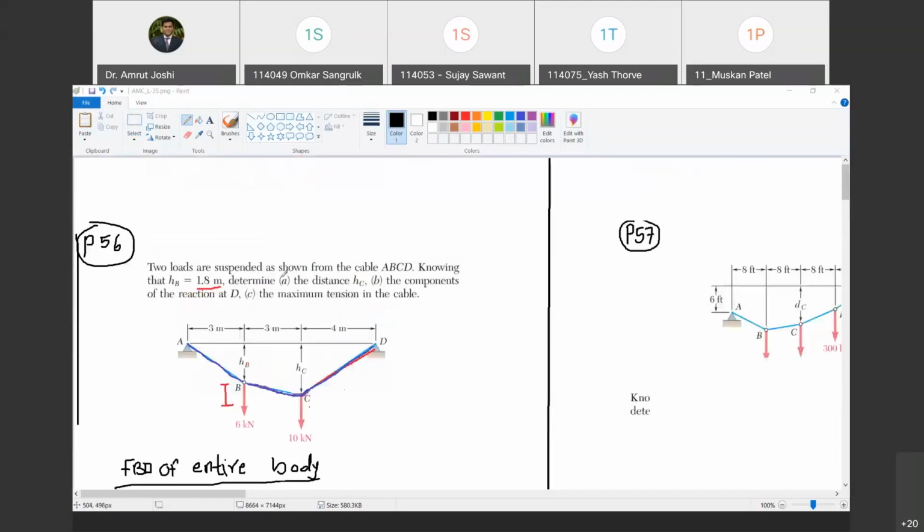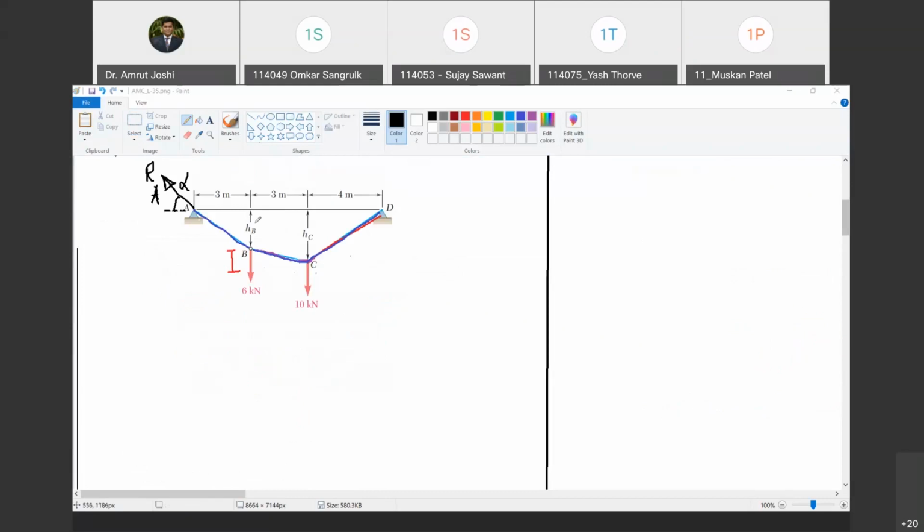We have already calculated this alpha because in the problem we have been given that HB is equal to 1.8 meter. So what is the value of alpha? Tan alpha is equal to 1.8 divided by 3. Can you tell me how much that is? 30.96 degrees.